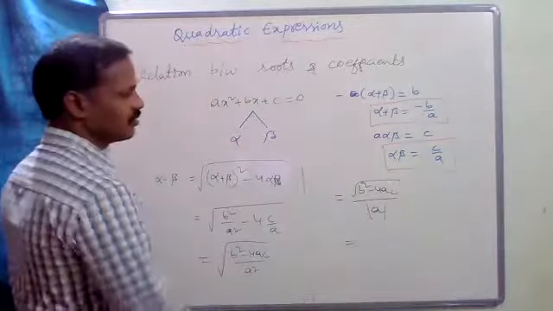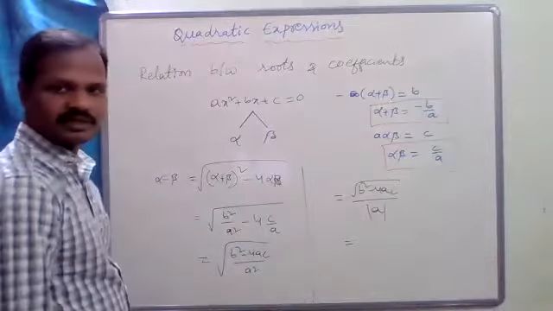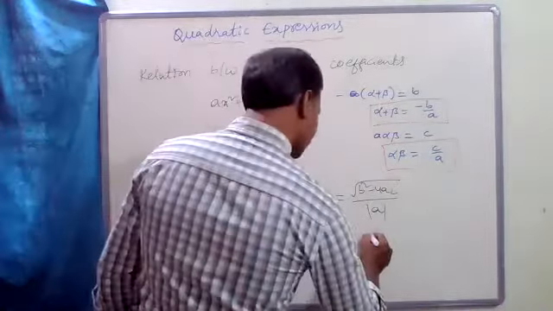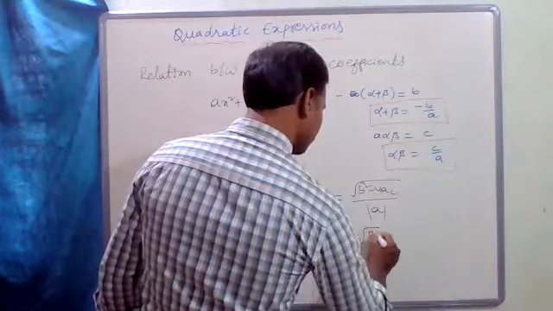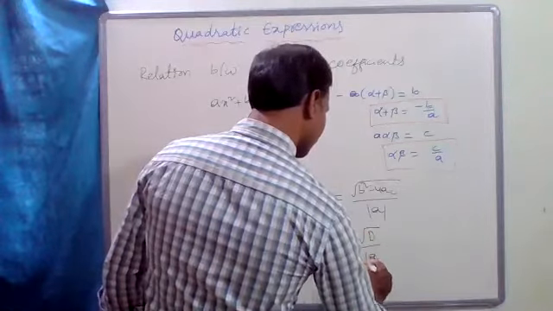So what about square root of b square minus 4ac? That is the square root of the discriminant D by mod a.